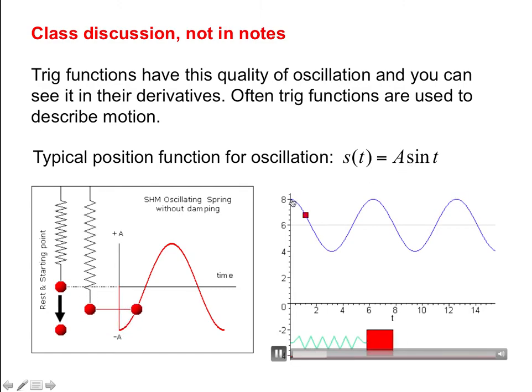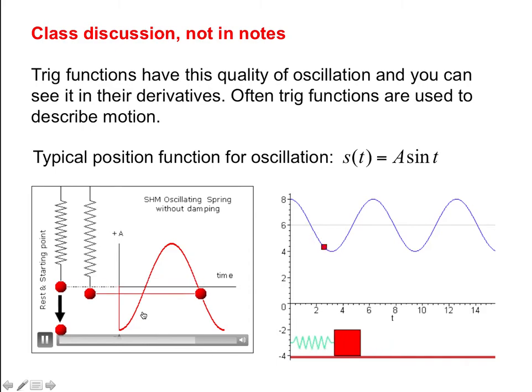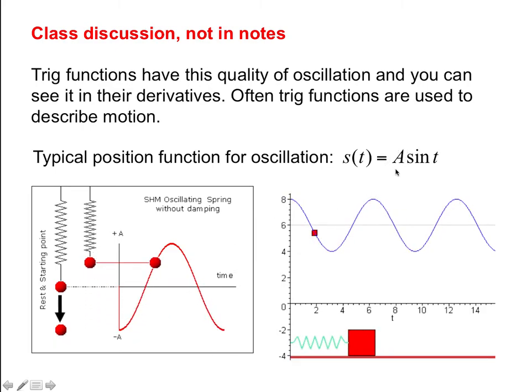I could have done a cosine, like this is a cosine. This is a negative cosine, but they're just offset by pi over 2. But we have to remember what the coefficient a stands for. Like if this were a 4 or a 5 or a 2, that stands for the amplitude.